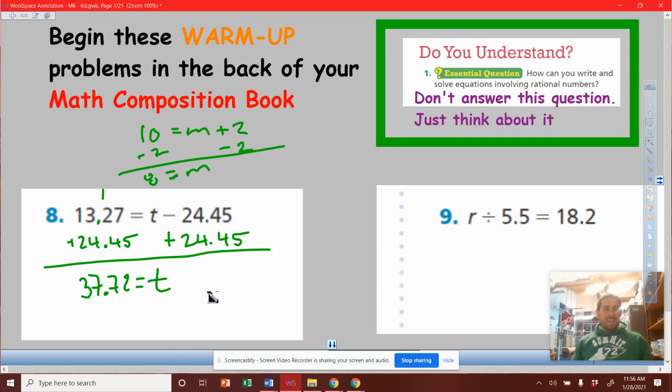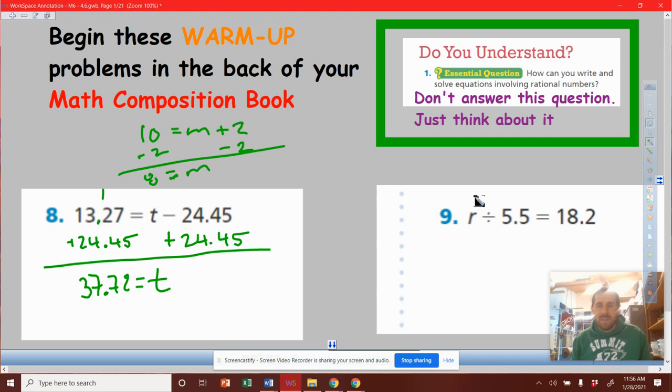There's your answer. Now, these answers aren't as clean as 8 plus 2 equals 10. You can do that in your head. Are you going to be able to do 37.72 minus 24.45 in your head? It's not as user-friendly, and that's why understanding the process and how to write it allows us to get to these solutions that may not be the prettiest, but they're right, okay?